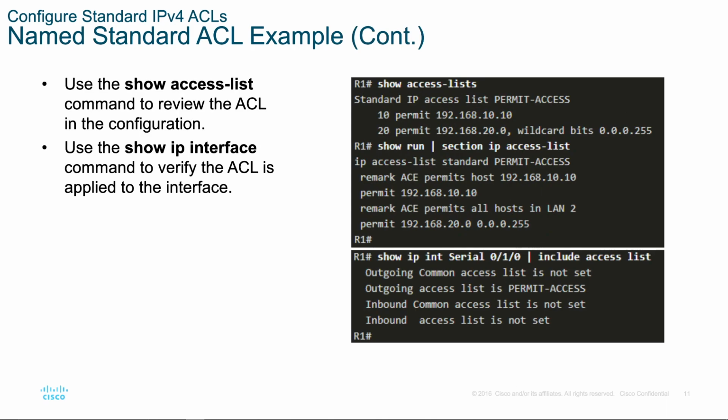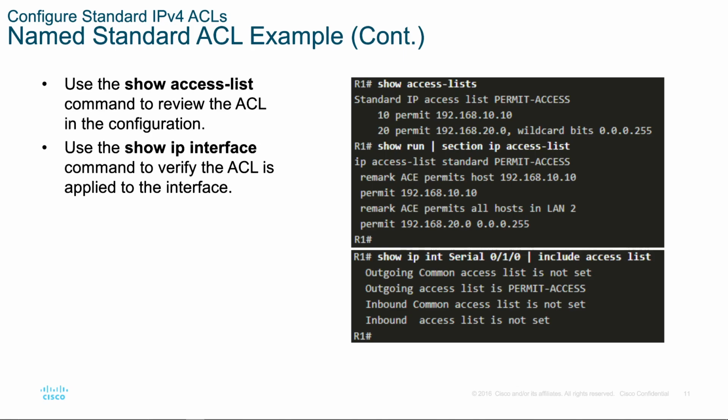The command show access list will show us every access list that is configured on the device and all the associated command lines with that access list, whether it be a remark or not, it's visible. So you can go through and check it.